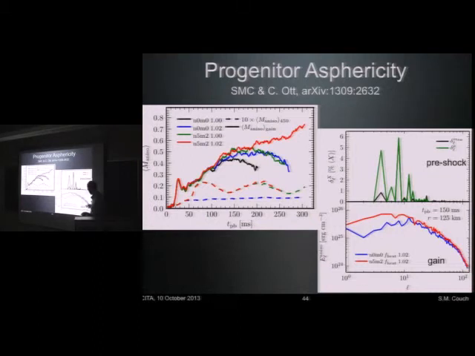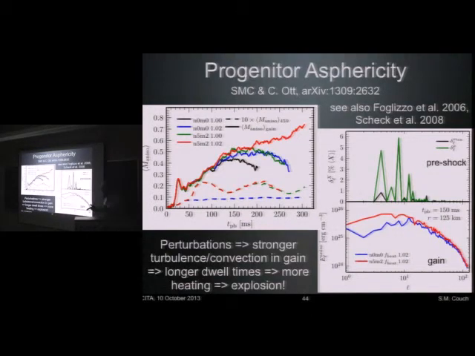And at small scales, they begin to converge in terms of their kinetic energy densities. So the story here is that by adding these perturbations, we're encouraging stronger turbulence and convection in the gain region. That stronger convection and turbulence is resulting in longer dwell times in the gain region, and therefore more neutrino energy absorption. That can push it over the critical threshold, and you can get an explosion.